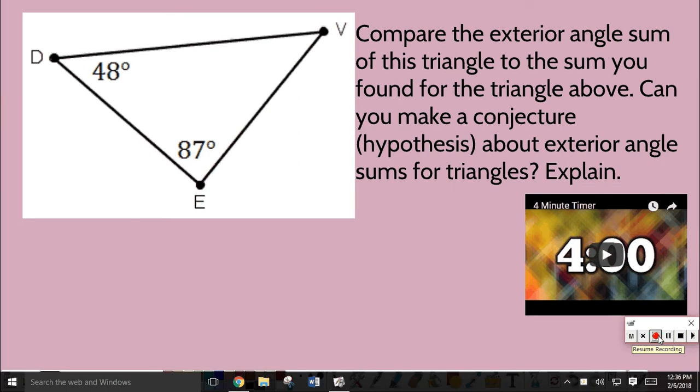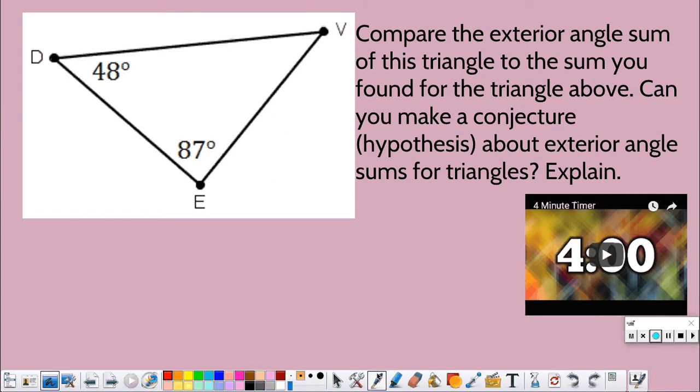All right, so the missing angles. What is the missing interior angle? 45 degrees. Okay, then we have our other exterior angles. So this exterior angle is what? 93 degrees. 48 is 132 degrees, and this one up here is 135.